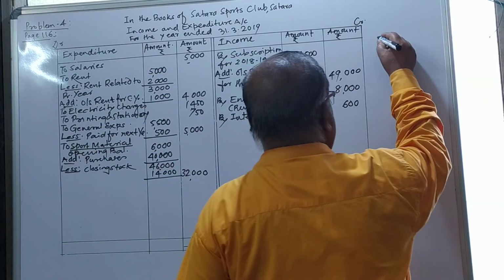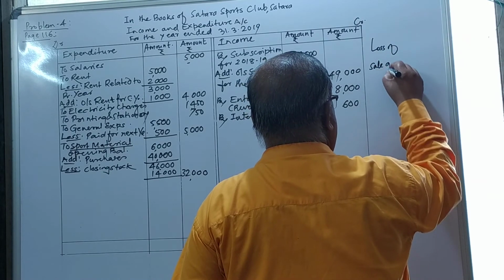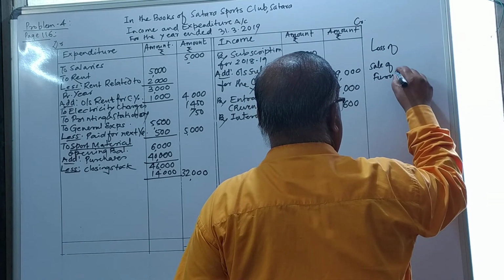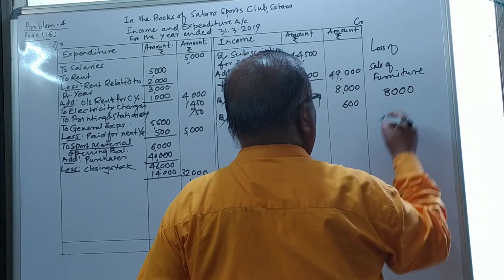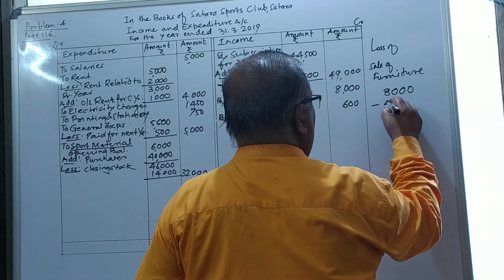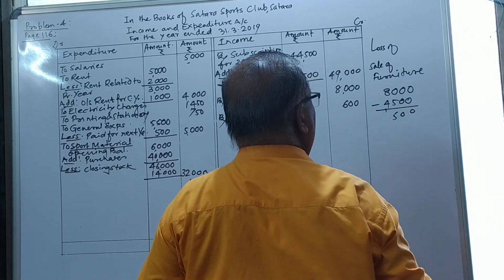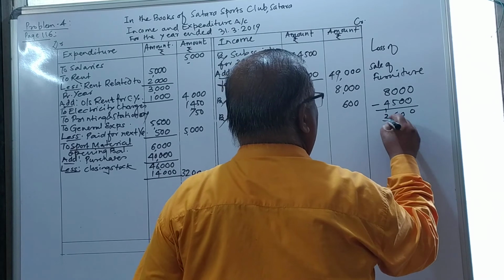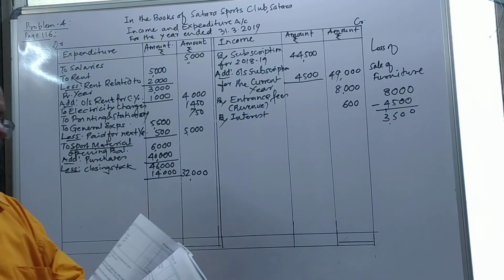I'll take that loss on sale of furniture. Its cost is 8,000, that is book value, and it is sold for 4,500. So there is a loss of 3,500. They incur the loss on this ground.